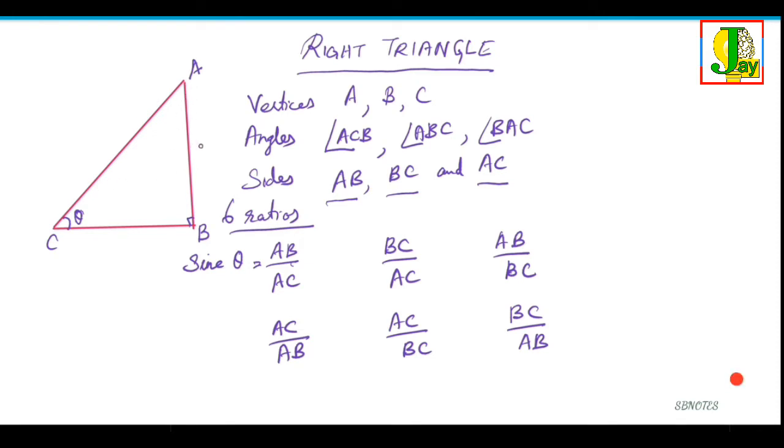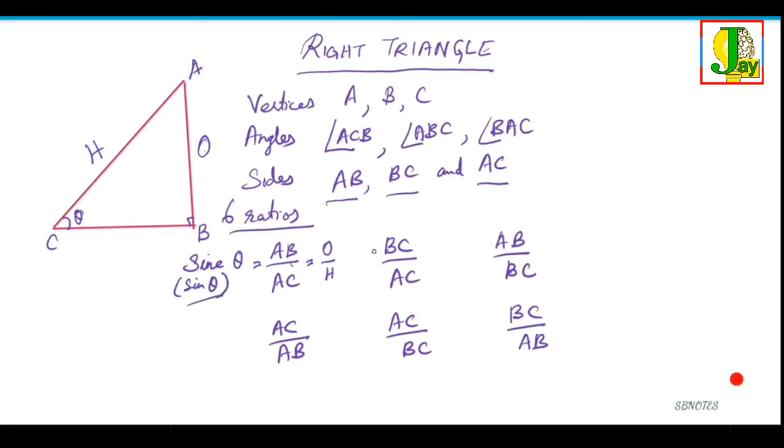That's perpendicular, or you can say opposite. This side is opposite to this angle, and AC is the hypotenuse of the right angle triangle. That's opposite by hypotenuse. So sine theta can be in short written as sin theta.